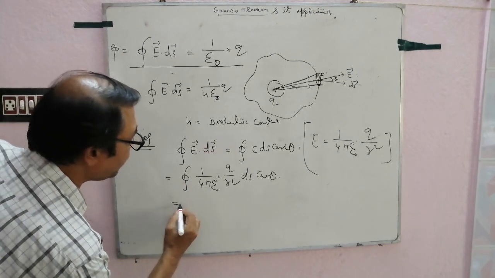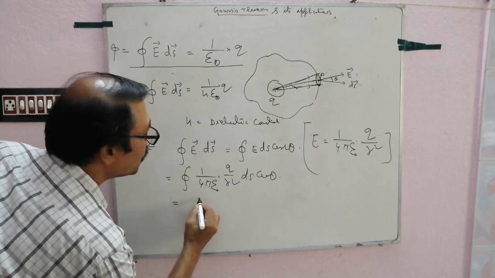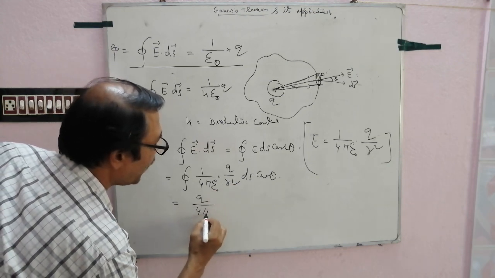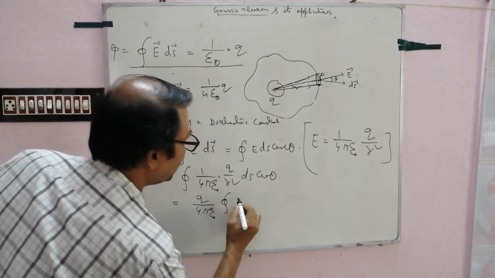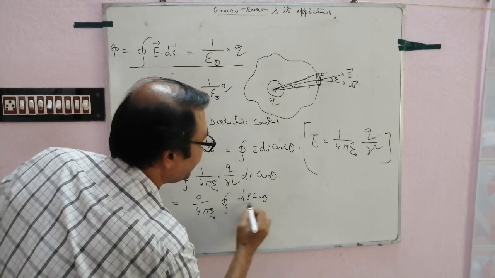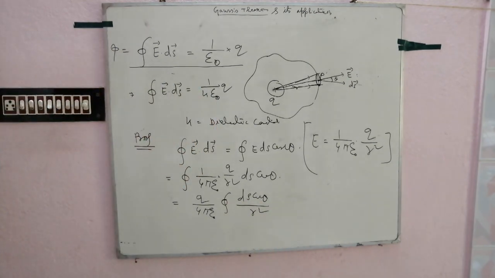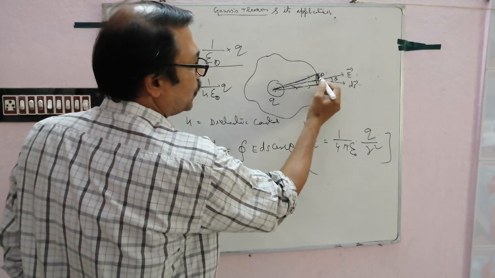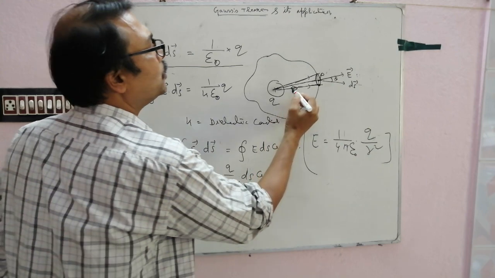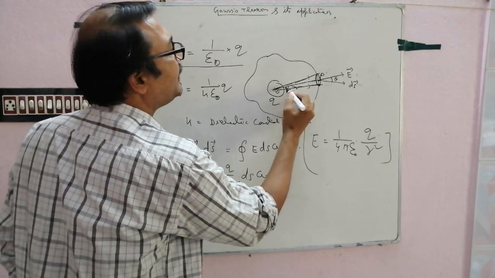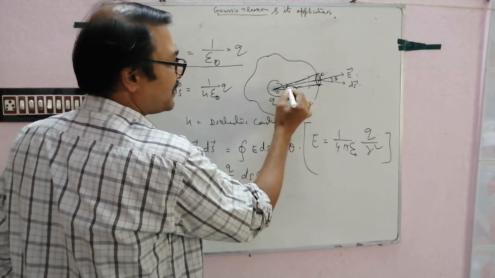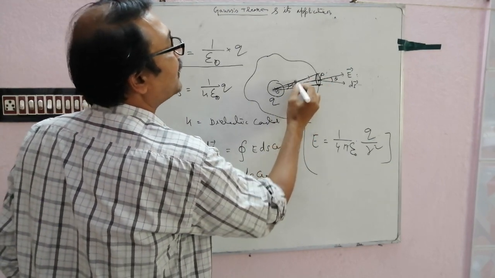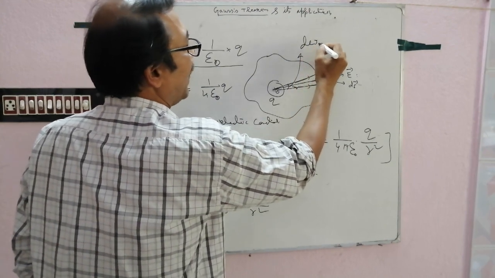Next, in my next line, q by 4 pi epsilon naught integration of ds cos theta by r square. Now follow. This two-dimensional area makes an angle at the center O. This point P. This ds surface makes a three-dimensional angle here, that is d omega.